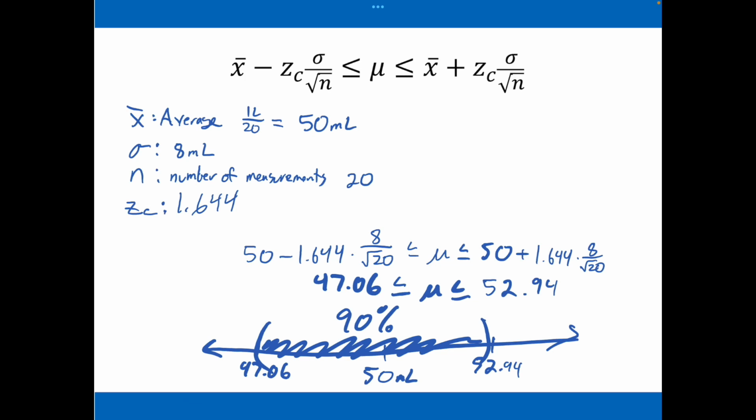But there are some cases in life where you need to be more confident. If that's the case, we just create a 99% confidence interval or a 99.9% confidence interval. We do that by going through the exact same thing and changing what this Zc term is going to be. That will change our interval and give us more confidence that we know the true average that we're looking for.